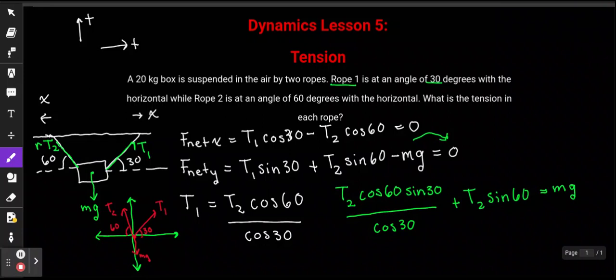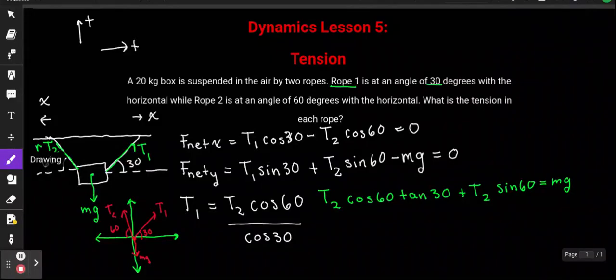Okay, so here we can simplify the sine 30 over cosine 30 and rewrite this as tension 2 cosine 60 tangent 30 plus T2 sine 60 is equal to mg. Okay, so now we have to figure out a way to isolate T2.